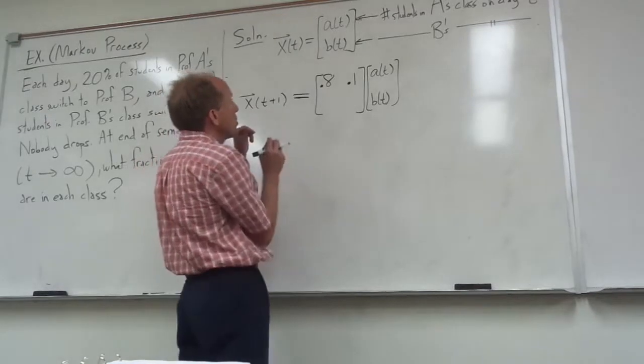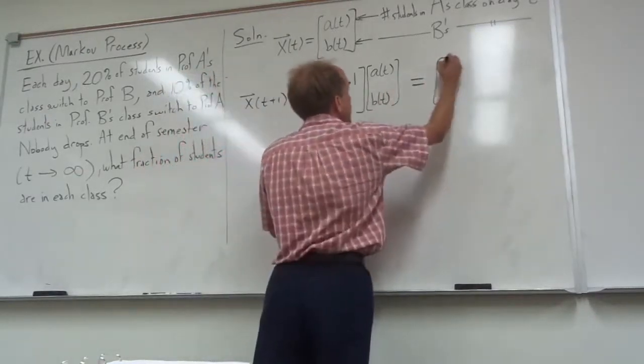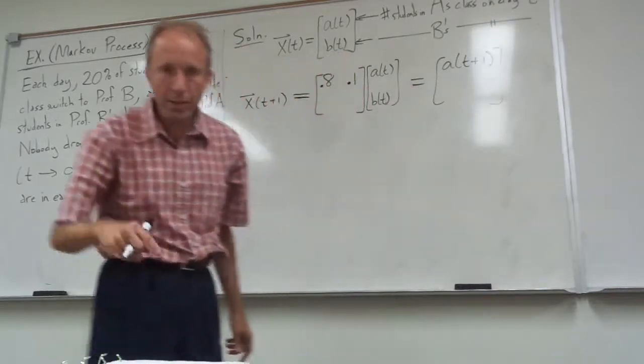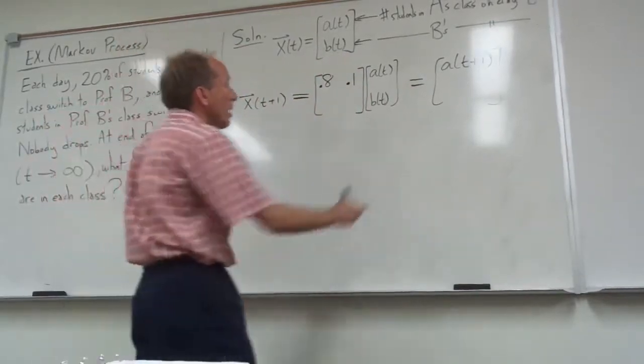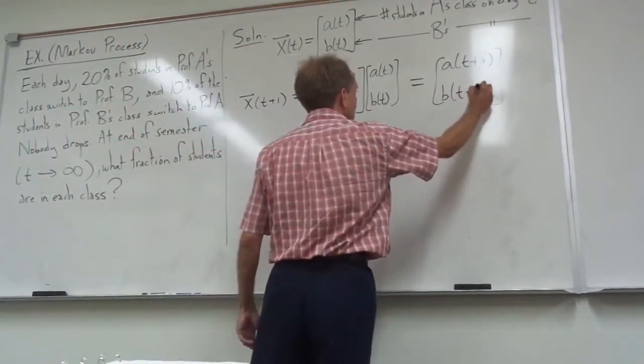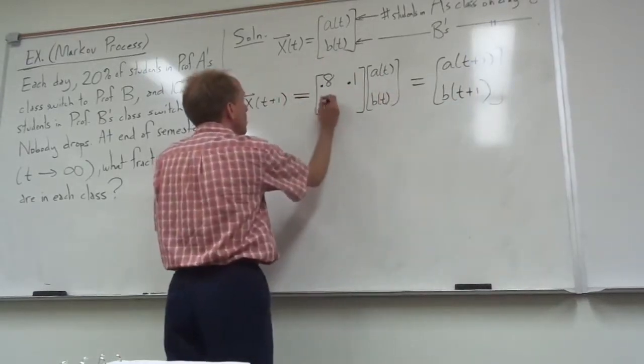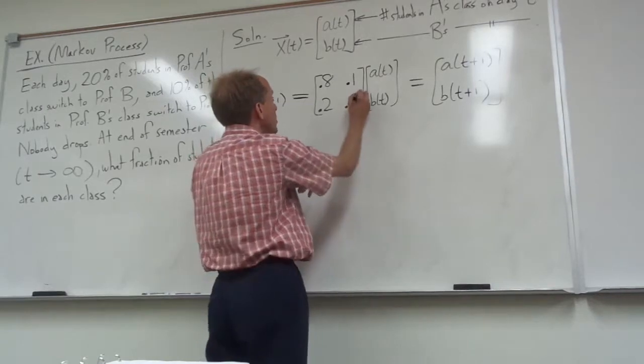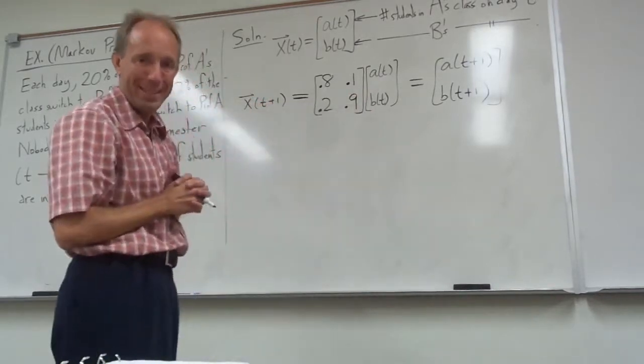That's the number of students in Professor A's class tomorrow. What about Professor B's class tomorrow? Well, he's going to pick up 20% of Professor A's students and keep 90% of his own students. Okay?